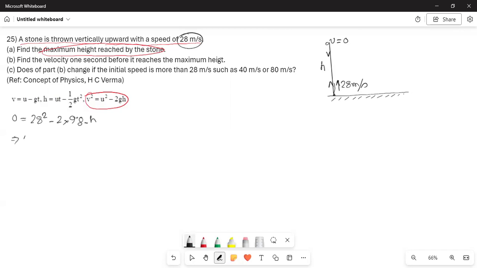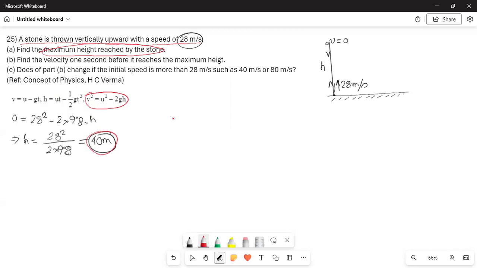Therefore, we find h is equal to 28 square divided by 2 times 9.8. To calculate this, we find it is 40 meters. So this is the answer to the first question.